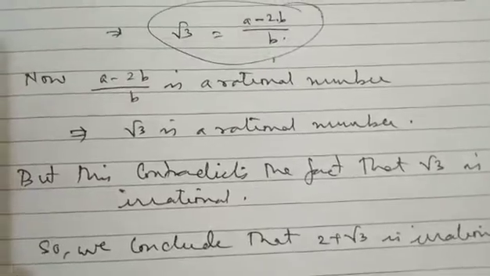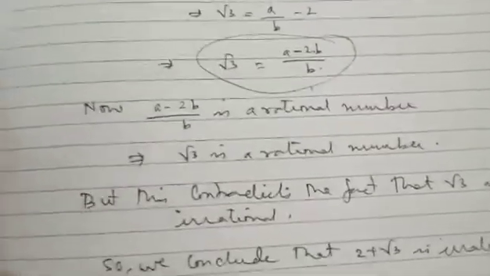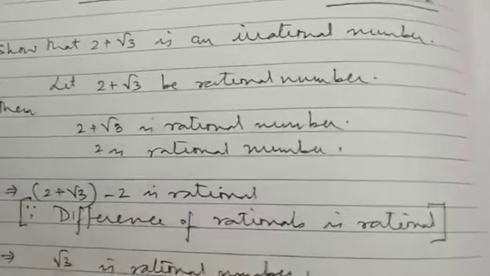Now in both the methods, if you look at the technique, we have started with the assumption that 2 plus root 3 is a rational number.